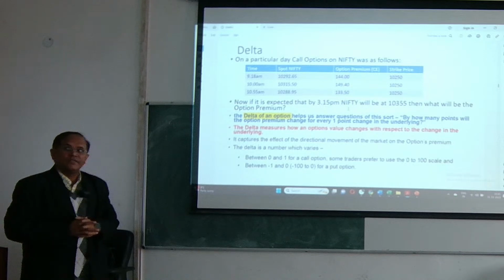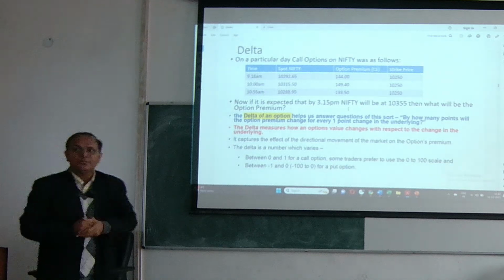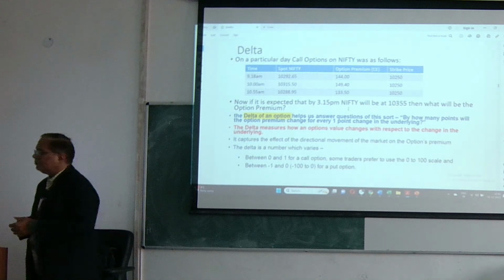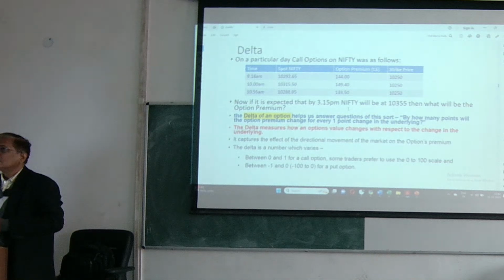Negative 26.55 is going to be your denominator, and 133.50 minus 149.40 is the numerator. Minus 15.90, the minus signs cancel out. How much is the value? 0.59.